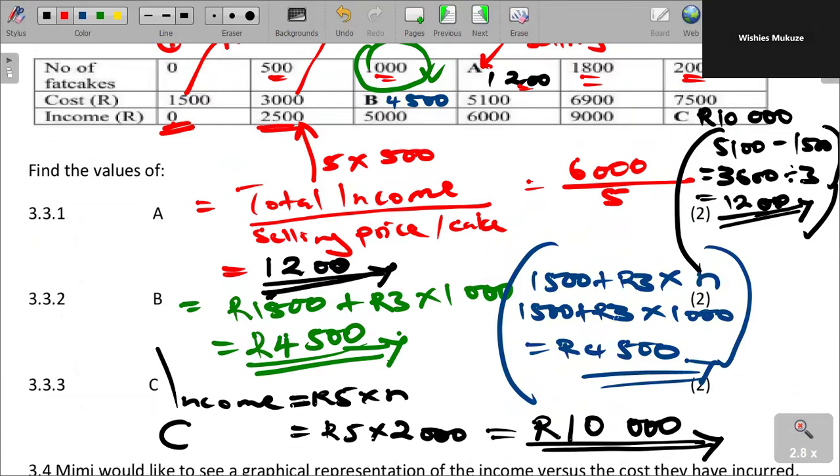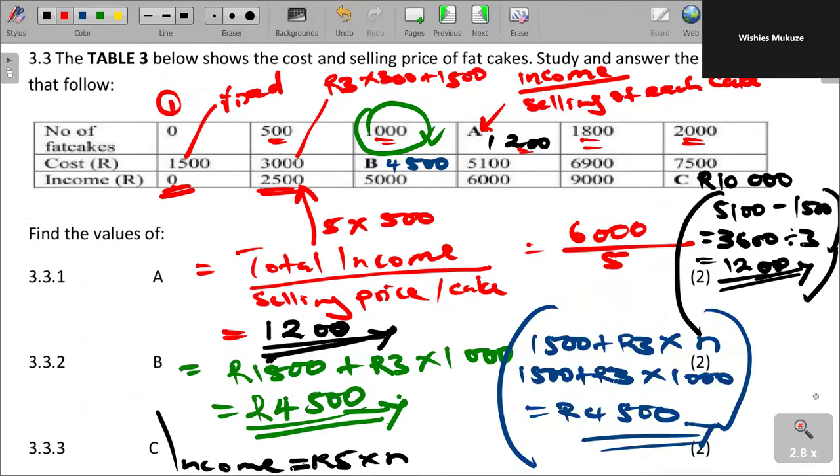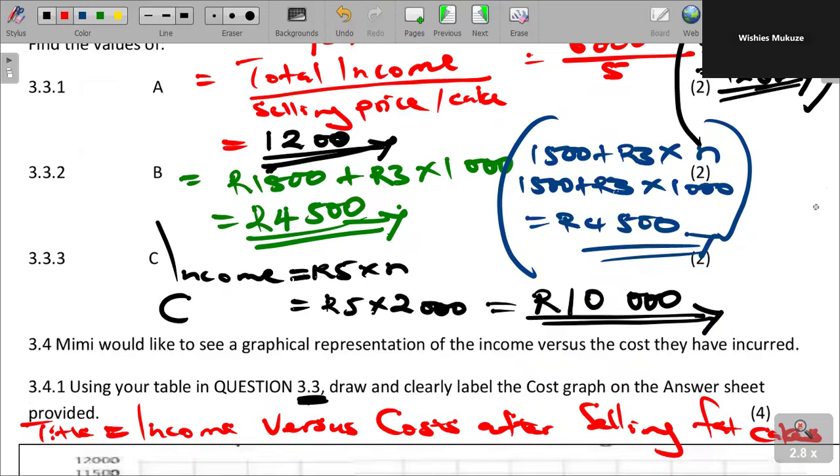So what needs to be done is for us to make this table and this graph smart and clear. How do we do that? We do it by using a suitable scale that can match these figures. Our numbers of cakes are 0, 500, 1,000.